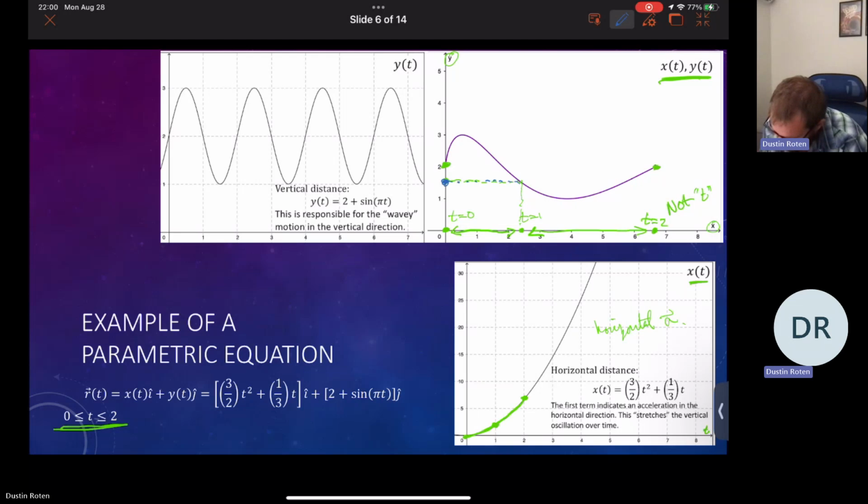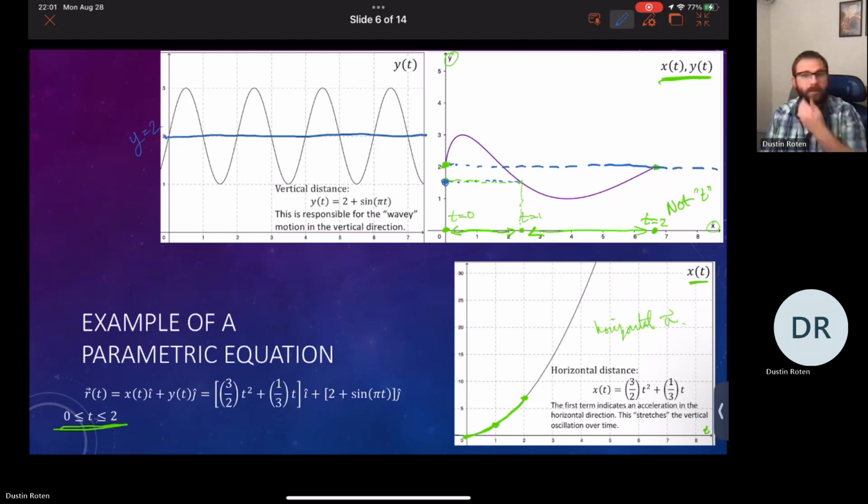Okay, so you can see here, what's going on is it's actually oscillating around the value of 2, and we can see that over here in our plot. That checks out. And then it goes up to 3, and then down to 1, and you can also see that here in our plot.